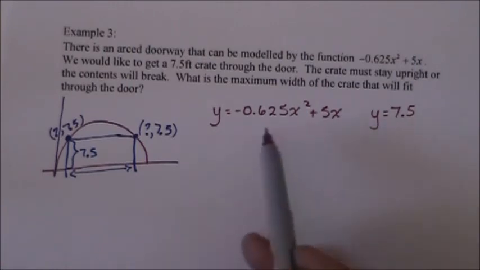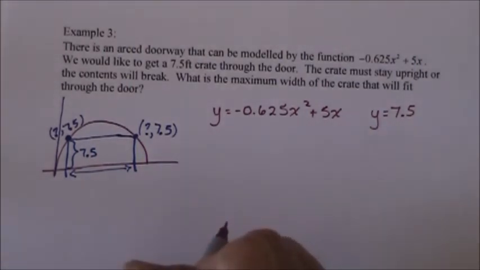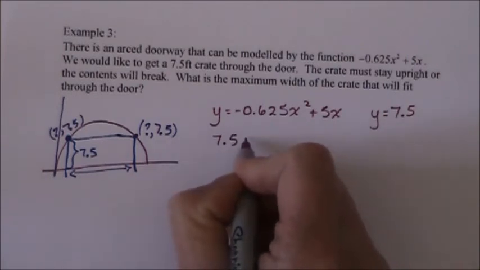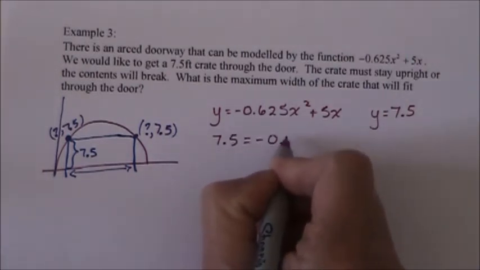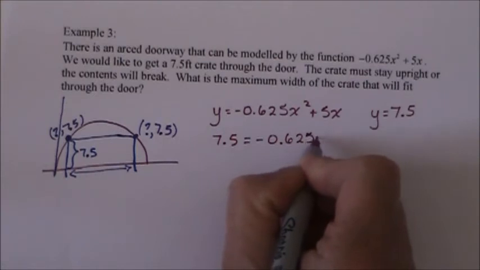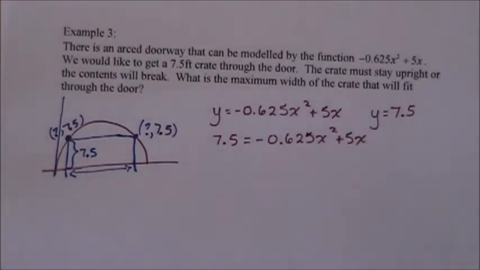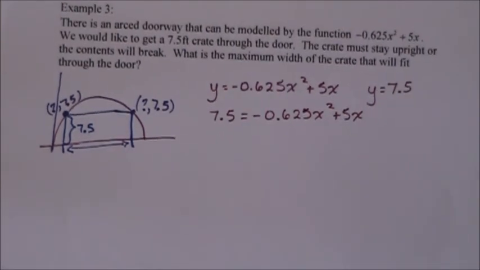Well, if that's going to happen, that means the y value is the same for both. So we can go 7.5 equals negative 0.625x squared plus 5x. Now, we want to have everything on one side equaling 0, otherwise we can't factor it.